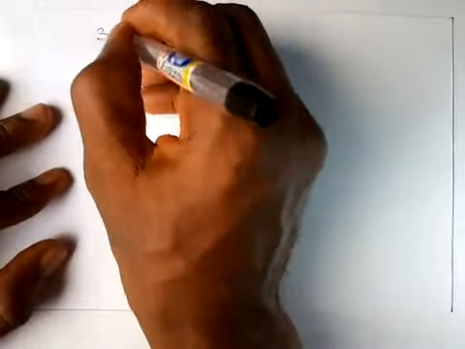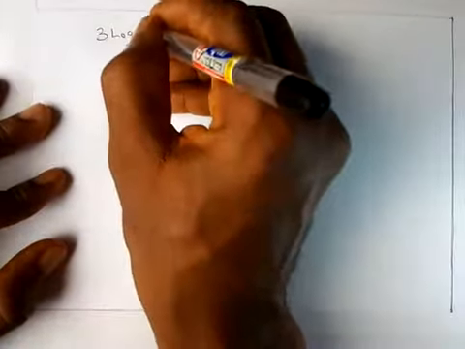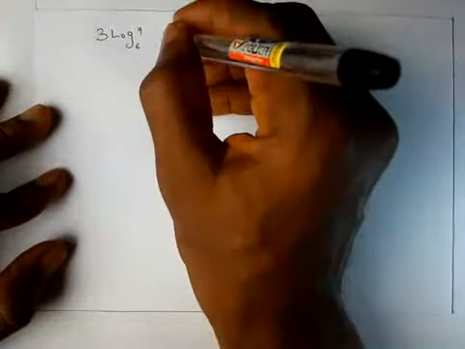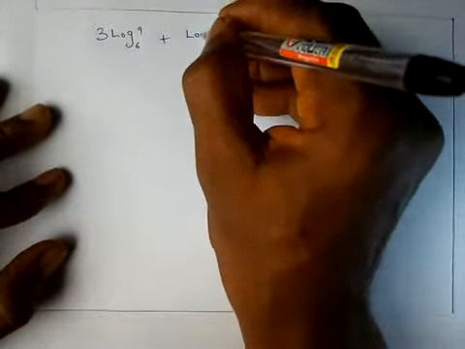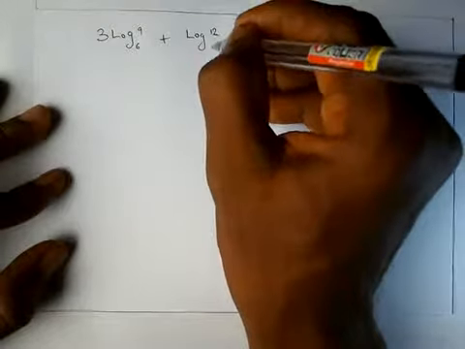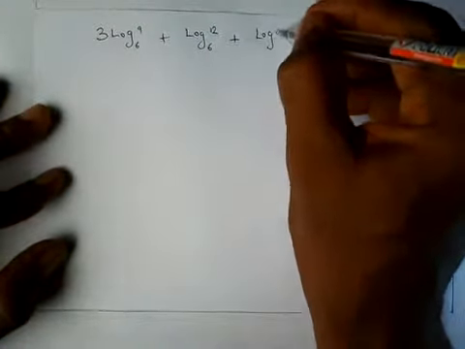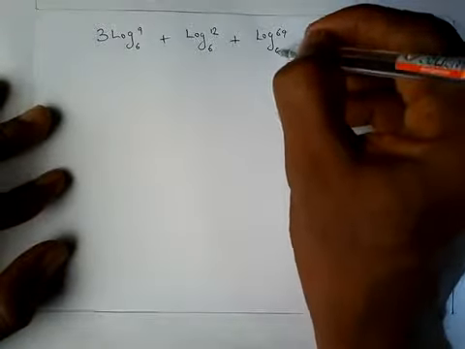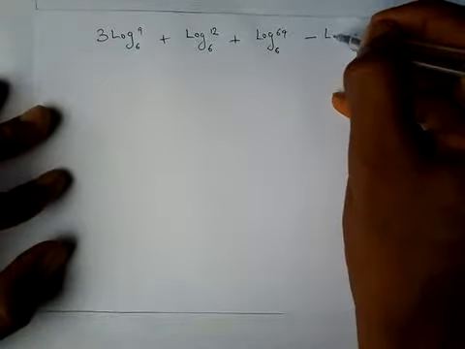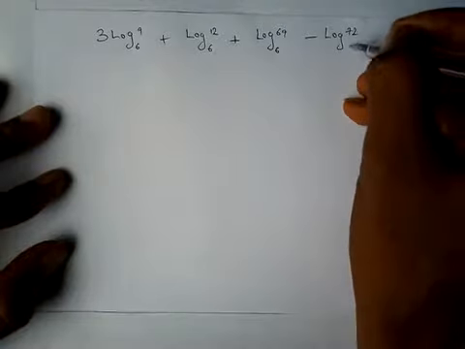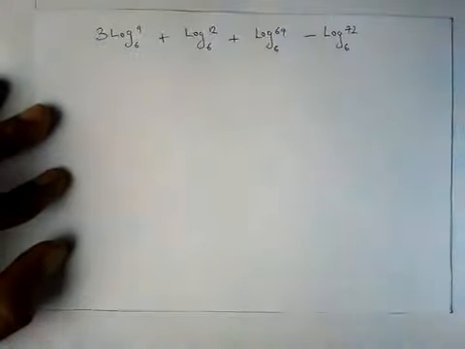The next question is asking that we simplify 3 log 9 to base 6 plus log 12 to base 6 plus log 64 to base 6 minus log 72 to base 6.